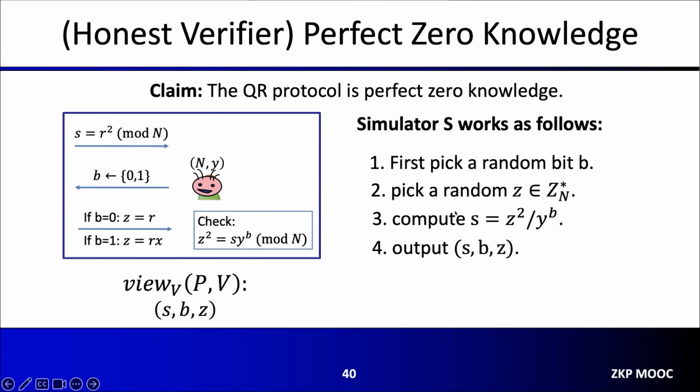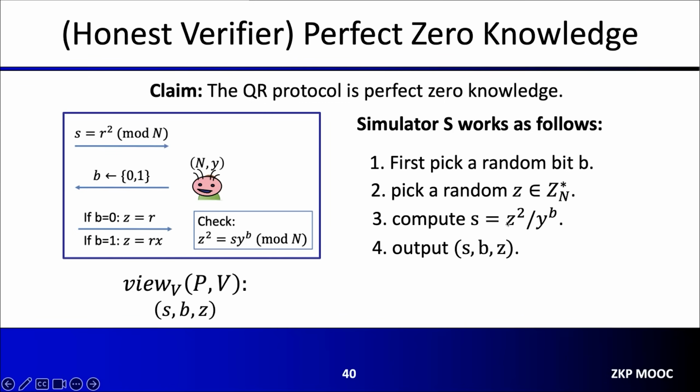Note that this equation, S equals Z squared over Y to the B mod n, satisfies exactly what S should be. Why is that? Let's plug in B equal to 0, in which case S is equal to Z squared. That's exactly what it should be: when B is 0, Z is the square root of S. What about when B is equal to 1?